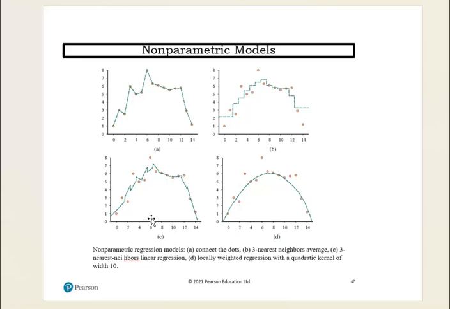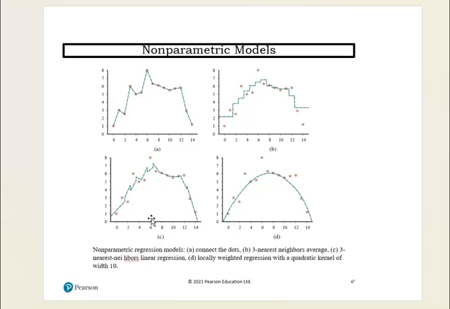The maximum possible weight is for a point at distance 0 from your query point, and the further away you go, the lower the kernel will be. This way, the closer the point is to a query point xq, the higher the weight.